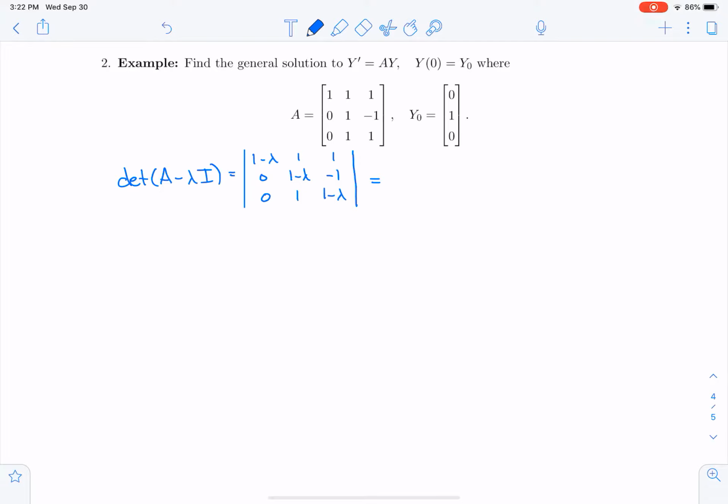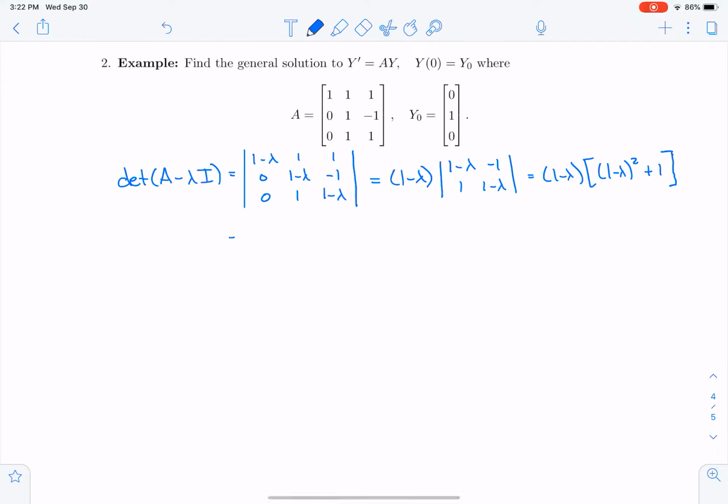So if we expand around the first column, then this becomes 1 minus lambda times the determinant of the smaller matrix, 1 minus lambda, negative 1, 1, 1 minus lambda. And so this actually becomes 1 minus lambda times (1 minus lambda) squared plus 1.